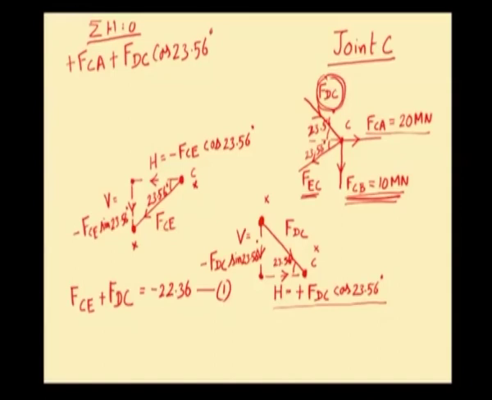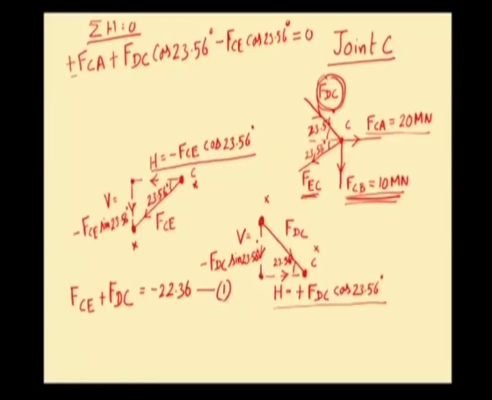Next, we need the horizontal component of the force FCE. The horizontal component of force FCE is minus FCE into cos of 23.56 degree. We are equating this as 0.